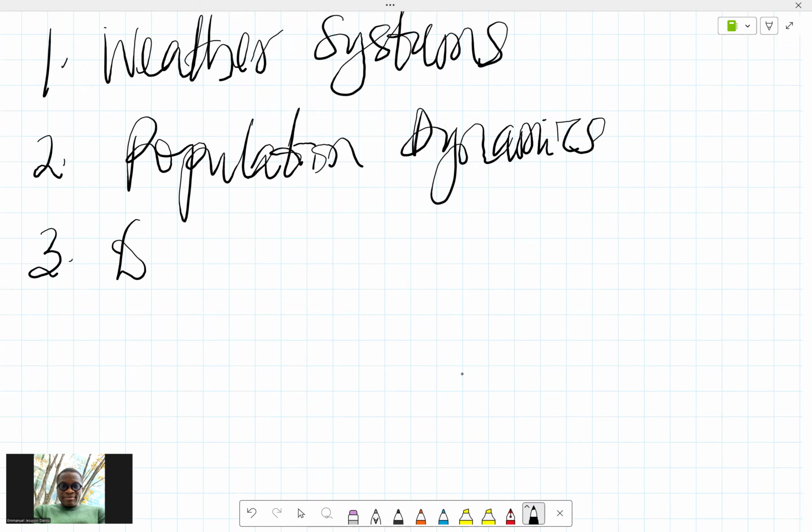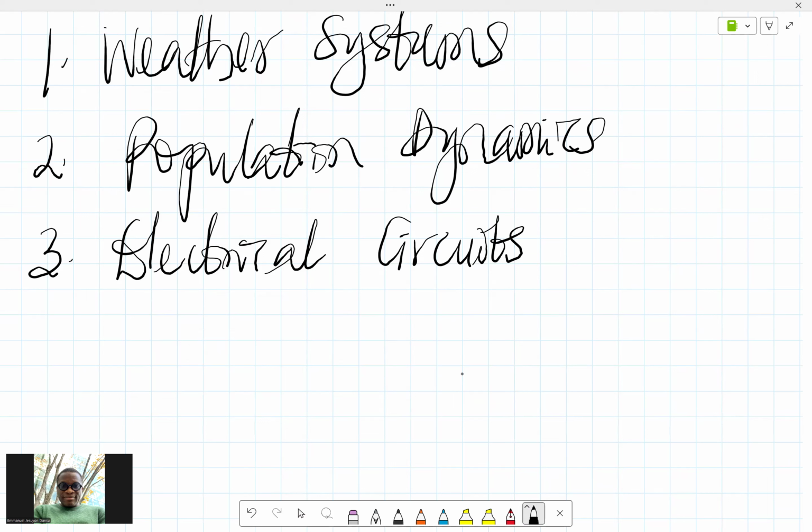And number three, you have electrical circuits. Nonlinear circuits, such as the Chua circuit, can exhibit chaotic oscillations. These circuits serve as practical examples of how chaos can emerge in physical systems.